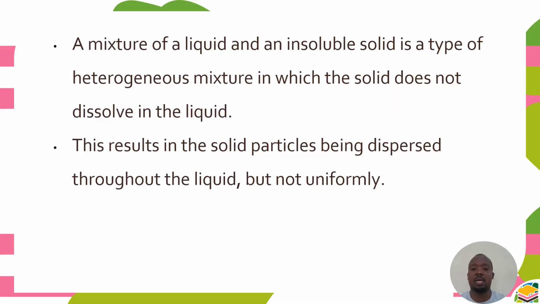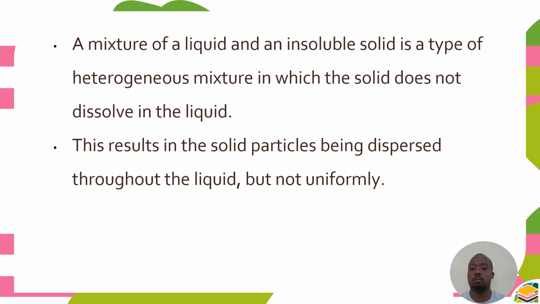So a mixture of a liquid and an insoluble solid is a type of heterogeneous mixture in which the solid does not dissolve in the liquid. This results in the solid particles being dispersed throughout the liquid, but not uniformly.